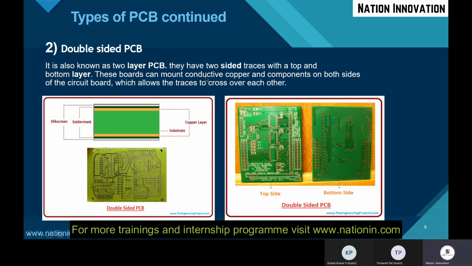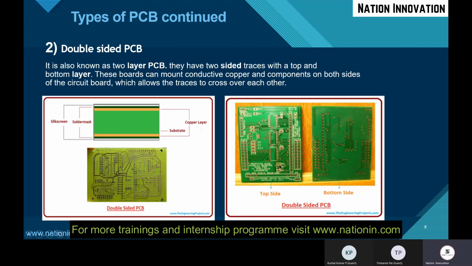These boards can mount conductive copper and components on both sides of the circuit board, which allows the traces to cross over each other. If you want to connect a component from the top layer to a component on the bottom layer, you can use vias. Vias are electrically connected holes which connect the components from the top layer to the bottom layer.